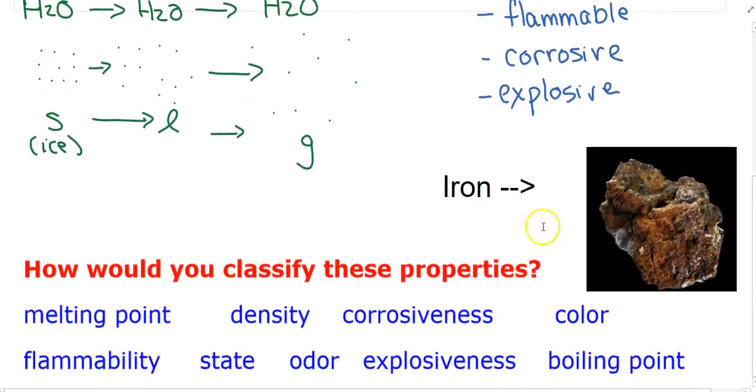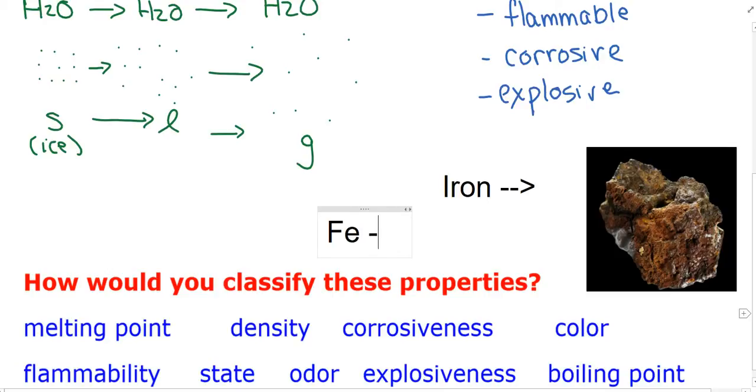Okay, so an example of this would be iron. A lot of people don't know that iron can rust over time, and when iron rusts, it's actually turning from, I'm going to type it right here, iron, which is Fe, into FeO, iron oxide.